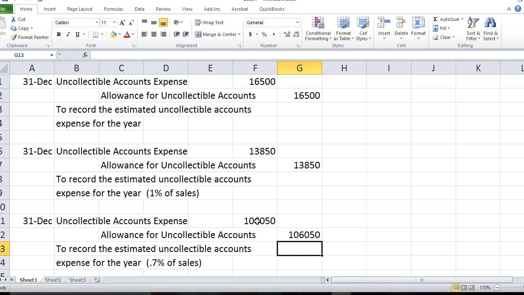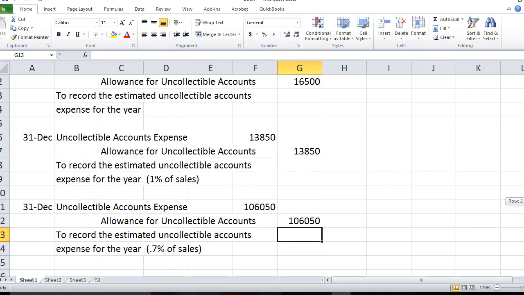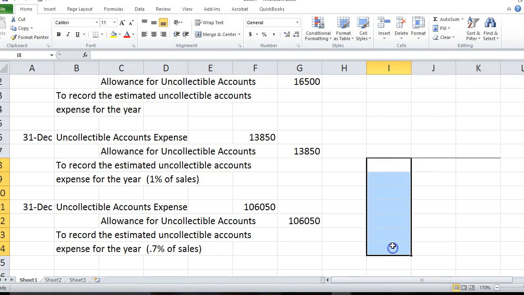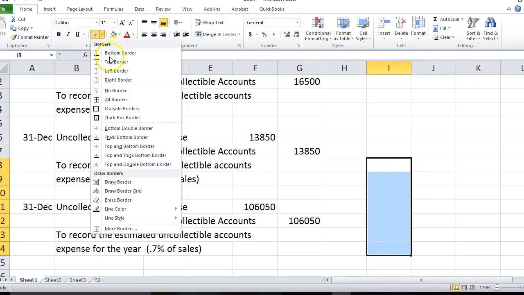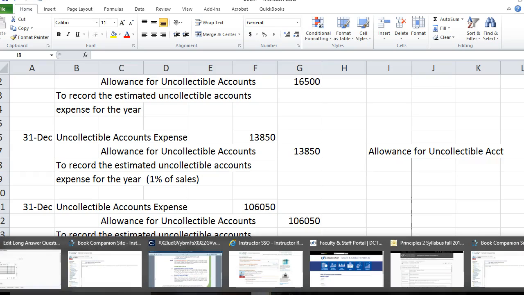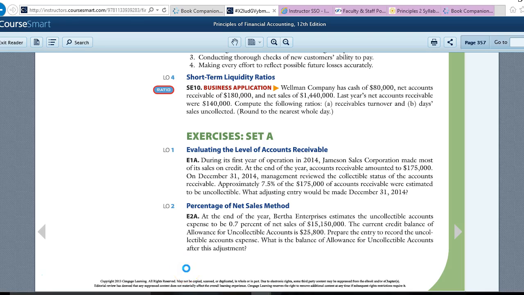Got it? Now, let's create a T account and figure out in our allowance for uncollectible account, what did it tell us was the balance before this journal entry? $25,800.